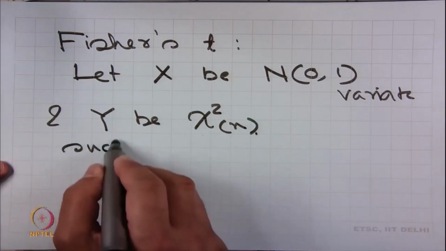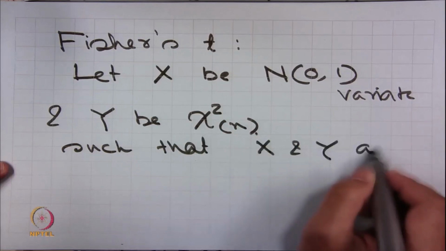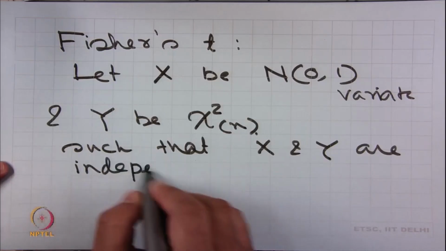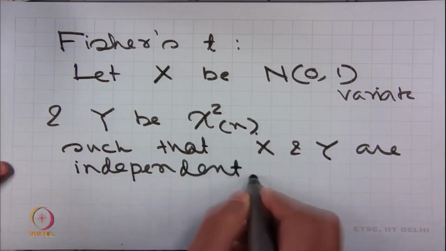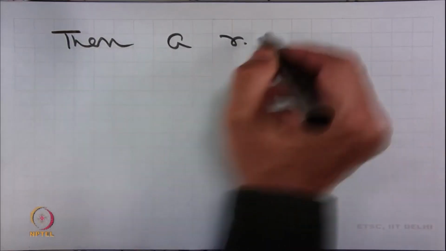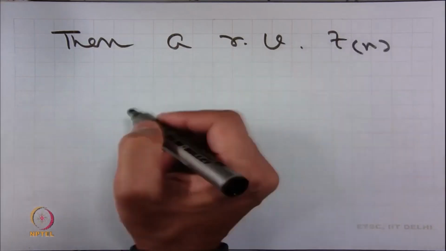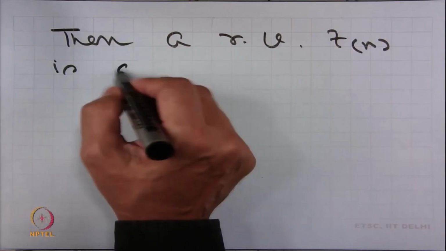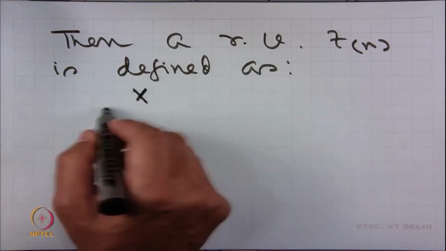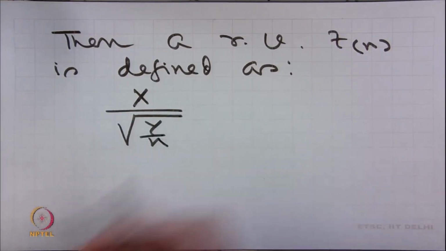Such that x and y are independent. Then a random variable T with n degrees of freedom is defined as x upon root over y by n.